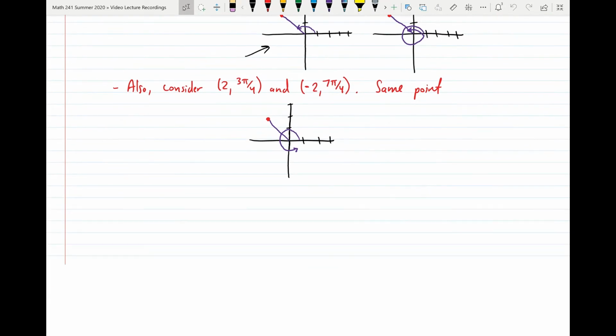Okay, so let's move on to a couple of different examples using polar coordinates.